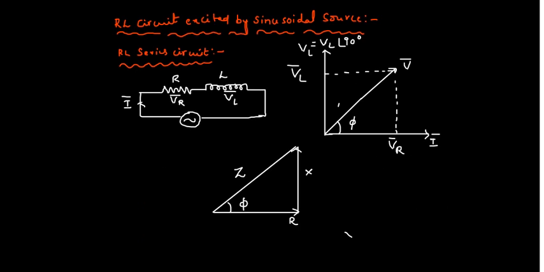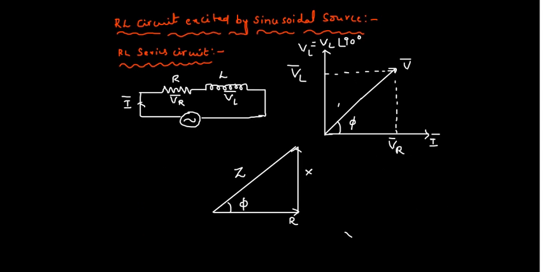Now, what conclusions have we made? In a pure resistor excited with an AC source, there will not be any phase difference between voltage and current. Whenever we excite a pure inductor with an AC source, we concluded that the current lags behind the voltage by 90 degrees.